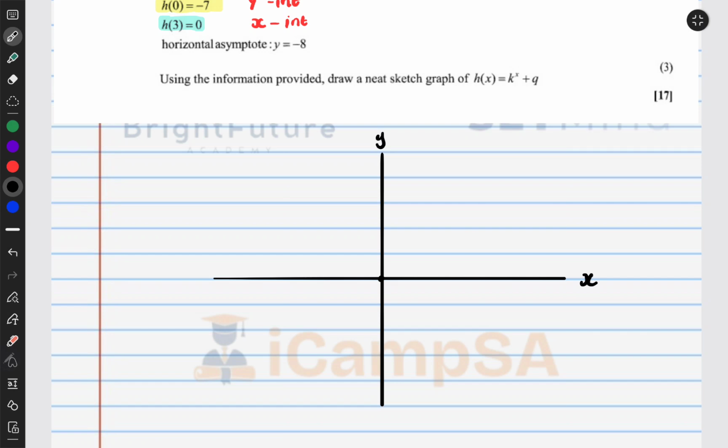Let's now calibrate our axes. I will just use intervals of 2: 2, 4, 6, 8, and -2, -4, -6, -8 on both axes.